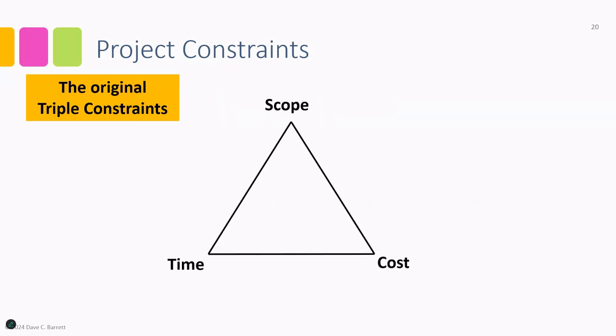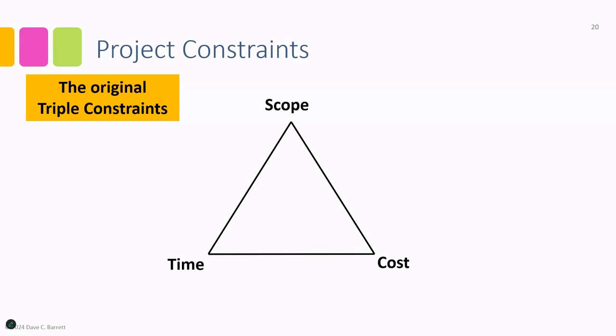Scope being what is required by the project, what is the output to be produced. The time is when the project is needed by. What is the output required by? So that's considered the time, and the cost is the overall budget that is required or that is available for the project.